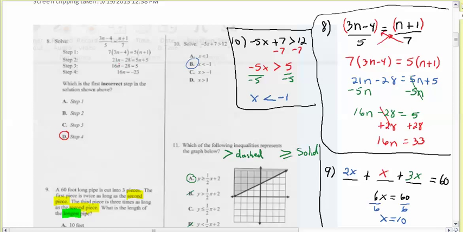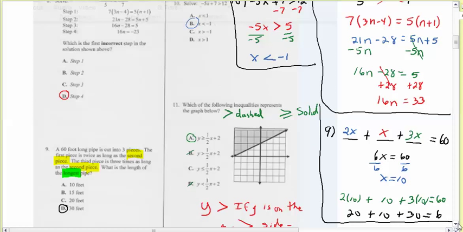And then I have my 21n minus 28, and I subtracted the 5n from both sides. I got 16n minus 28 is equal to 5. Then I added 28 to get 33, and that's where they made their error. They ended up with negative 23, so it's step 4. Number 9. Number 9 is talking about a piece of rope.